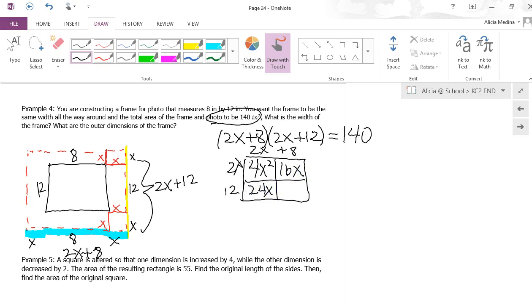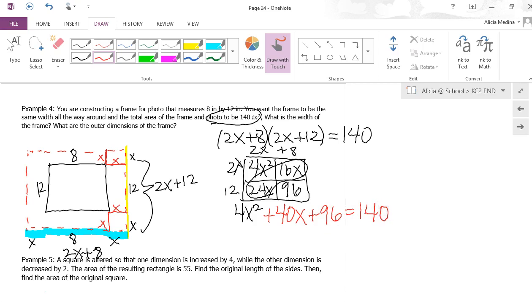And 12 times 8 is 96. Writing all these terms out, I have 4x squared. I'm going to combine my diagonal here, so 24x plus 16x. So combining those two diagonals, 24x plus 16x is going to give me a plus 40x. My last term plus 96 is still all equal to 140.